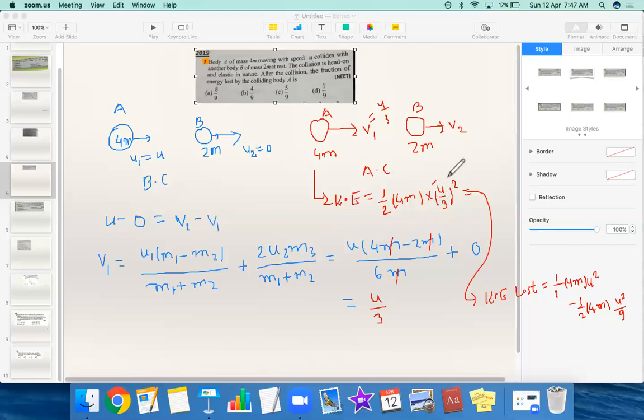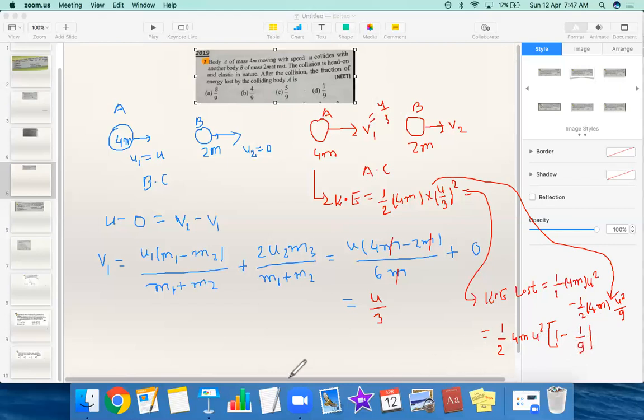This one I'm writing, this quantity by 9. So this will give us 1 by 2 into 4m u square. If we take common, then we will be left with 1 minus 1 by 9. So this will be 8 by 9.